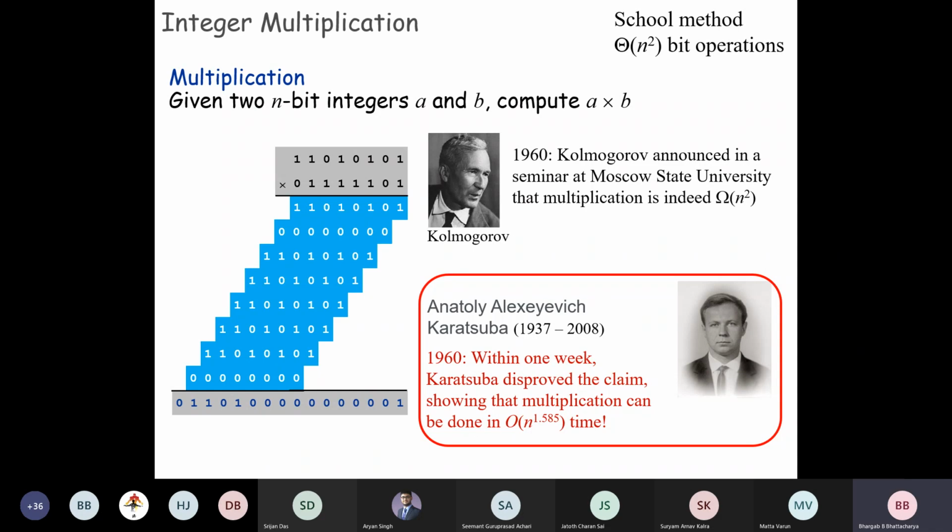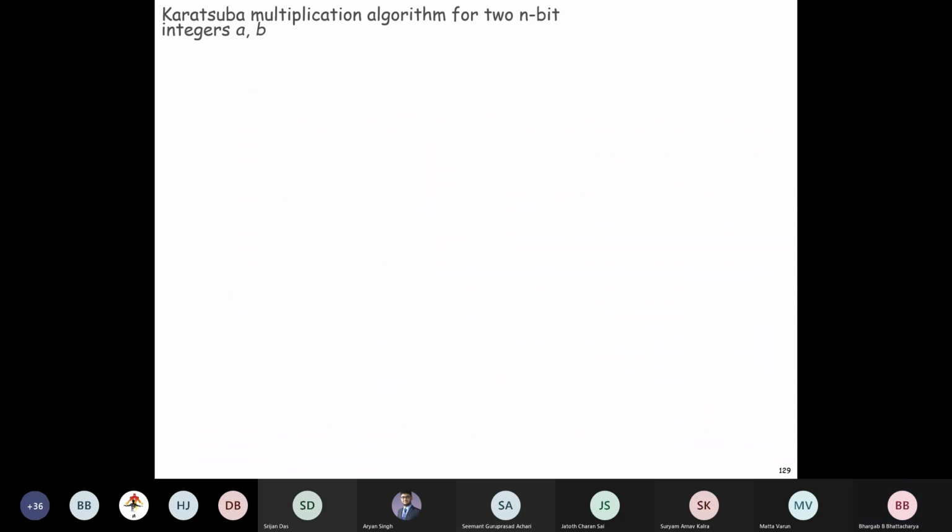His algorithm was very simple, but he used a very simple trick to show that this can be implemented in n to the power 1.585. Well, here is this algorithm. This is Karatsuba's famous algorithm for multiplying two n-bit integers, a and b.